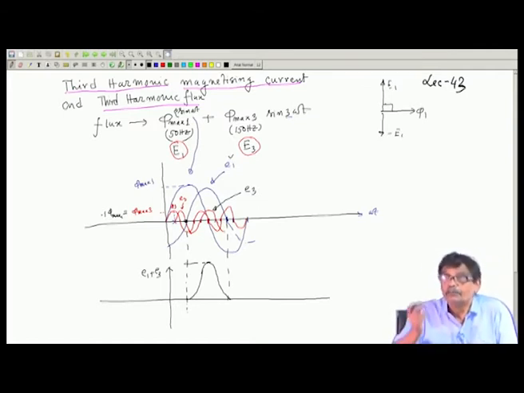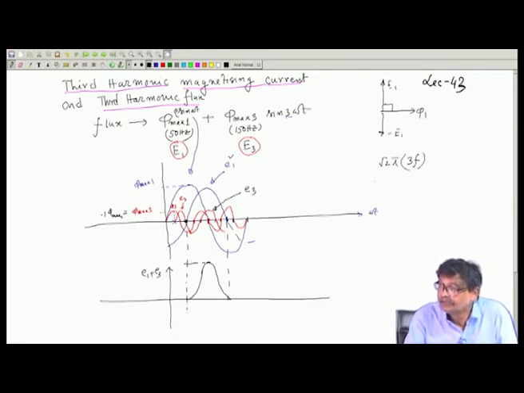Why? Because number of turns is more. Remember, the RMS voltage is root 2 pi f, for third harmonic it is 3 f, root 2 pi f phi max 3 into same N 1. Therefore, that induced voltage will be then about 30% or so.